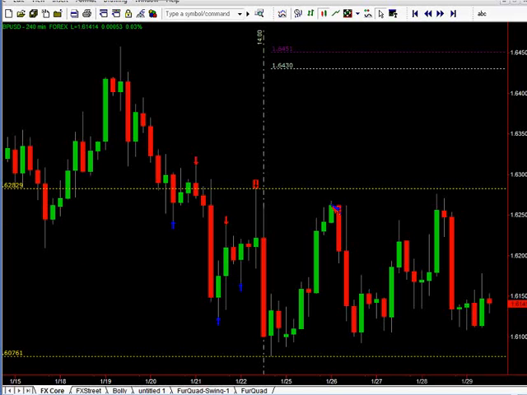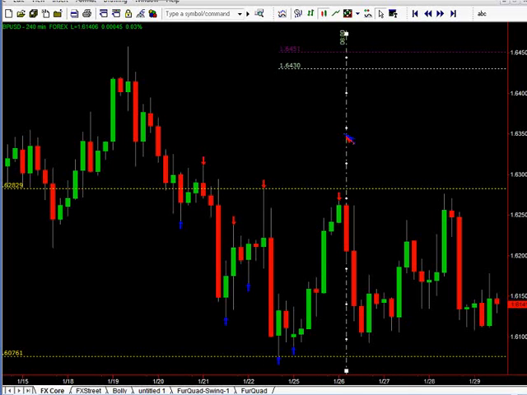and a lower high. So this is where it starts to get interesting, just where the vertical line is right now. At this point of the chart, we've got lower high, lower low, a slightly higher low there, and a lower high. So price is making basically higher lows and lower highs.